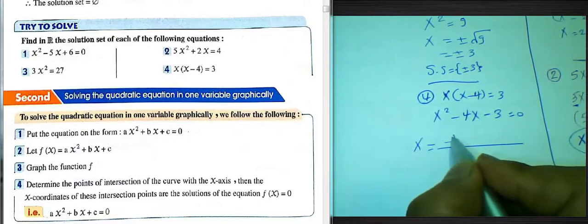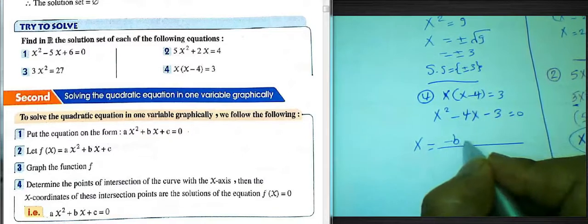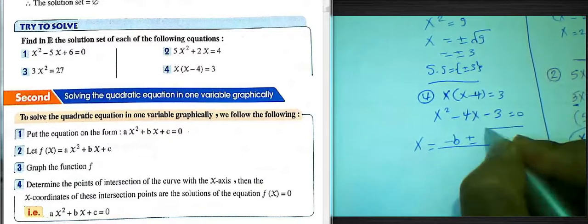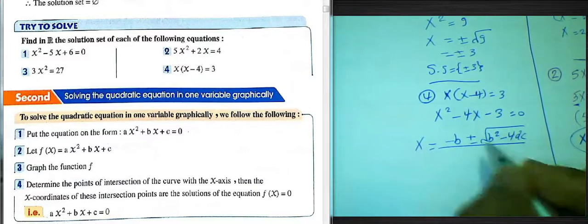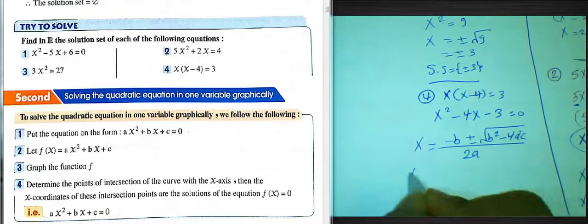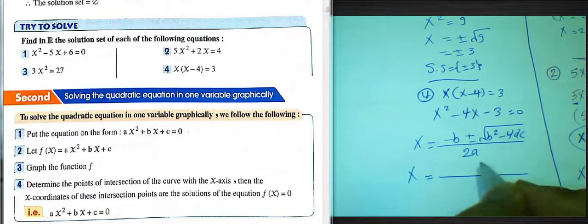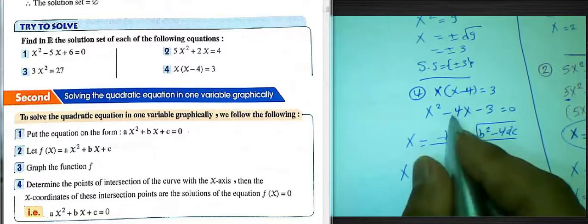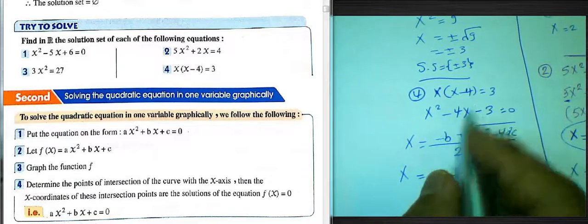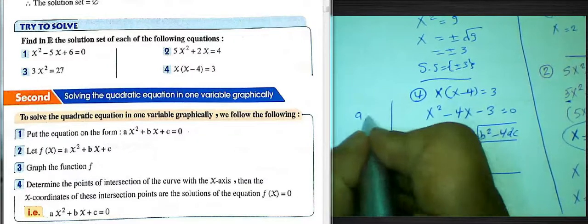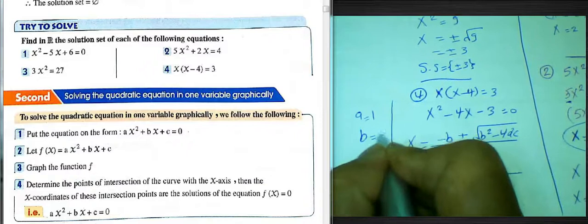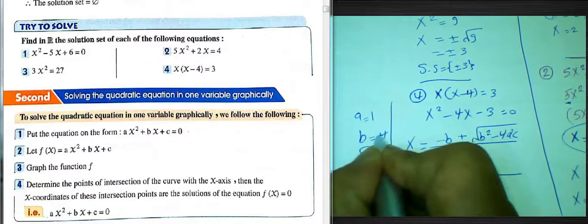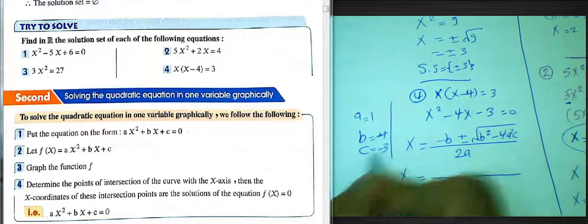The general formula: negative b, positive or negative square root of b power 2 subtract 4ac, divided by 2a. x equals negative b. Look at this: a equals 1, b equals negative 4, and c equals negative 3.